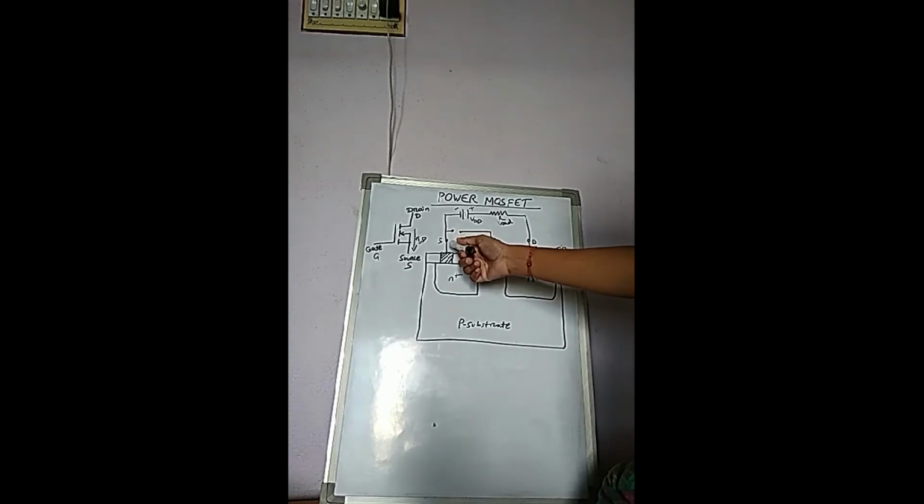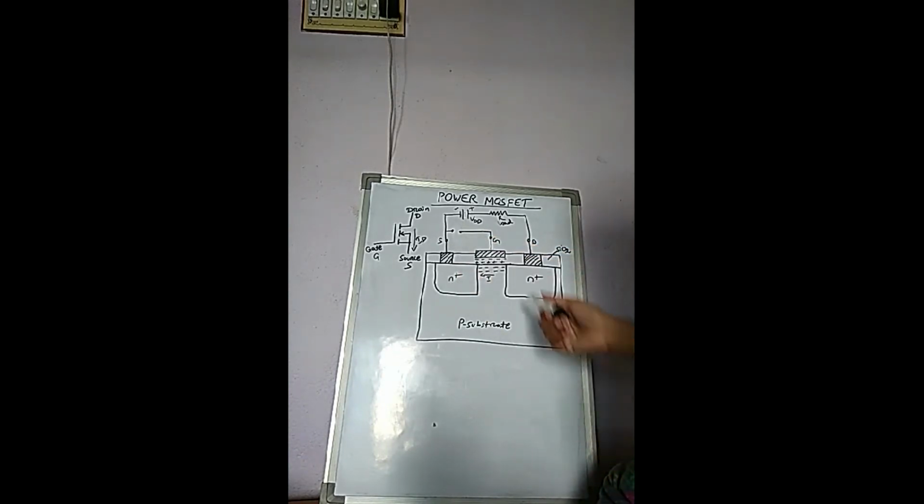Here also this source terminal is connected to this N plus region through the metallic body. So once the positive terminal is connected here and the negative terminal is connected here, this N plus P junction, let it be J1. And here also this is a junction, let it be J2.